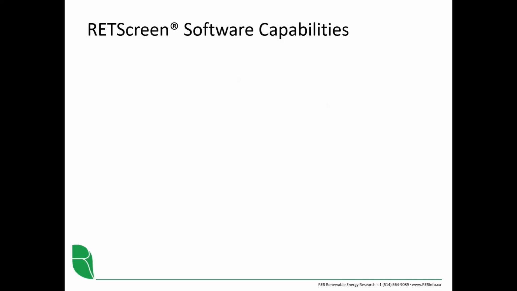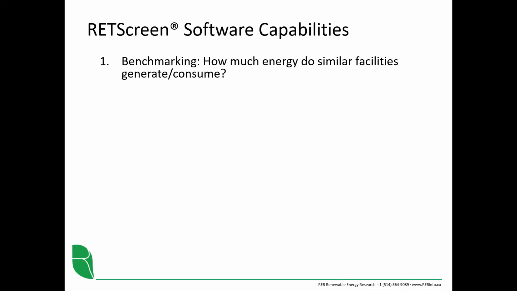So RETScreen software capabilities. The first one of these is benchmarking. This is particularly useful for energy efficiency projects as opposed to energy production projects like a wind farm. You might be starting out with a facility, you have very little information about it, and you want to situate yourself in terms of how much energy would I expect this facility to consume. So to get a first estimate or approximation of that, you can look at the energy consumption of similar facilities.